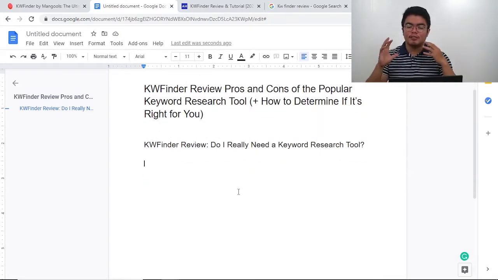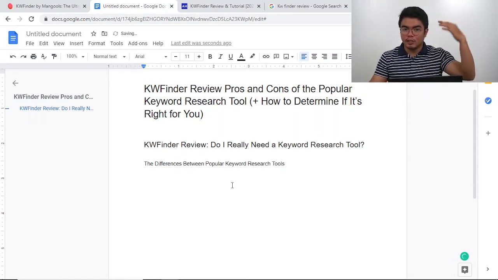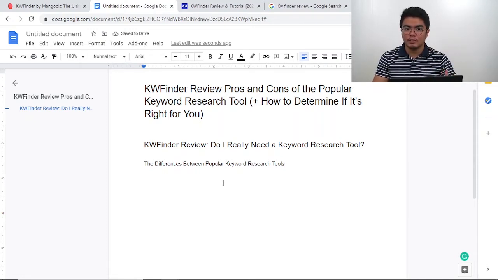The next thing that the readers are probably going to ask is whether or not they should get KW Finder or another popular keyword research tool. So my next H2 will be the differences between popular keyword research tools, where we will summarize some of the popular keyword tools and how they compare to KW Finder.